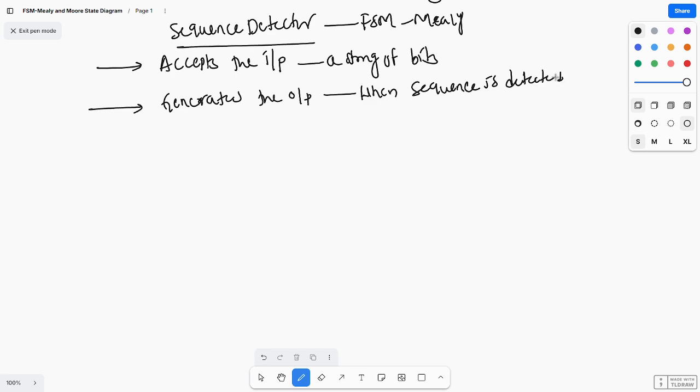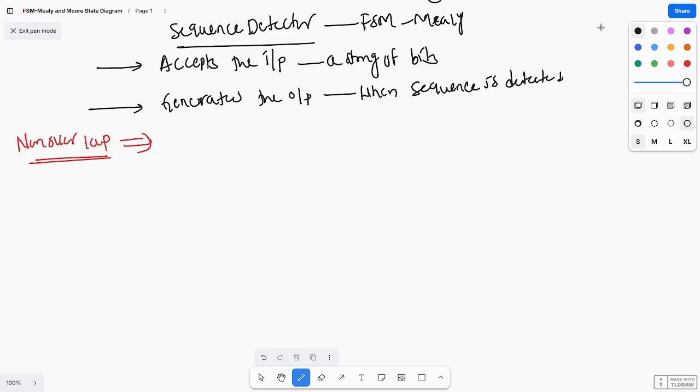In this there are two types. One is non-overlap. So what is this non-overlap? Non-overlap means if the sequence is detected, it will start again from the starting bit, the initial state, freshly.